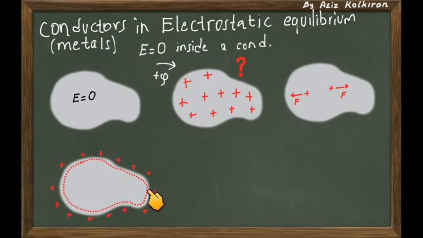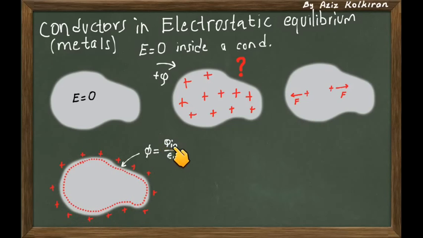If you think of Gauss's law, the electric flux through this imaginary boundary surface will be the enclosed charge divided by epsilon 0. But since there is no electric field inside the conductor, because this is the condition coming from electrostatic equilibrium, we know the electric field is always 0 everywhere inside the conductor, that means you will have 0 flux through this imaginary Gaussian surface, which is just right at the boundary of the conductor.